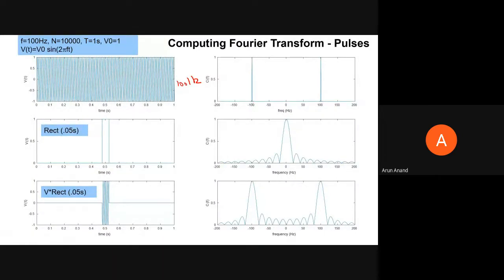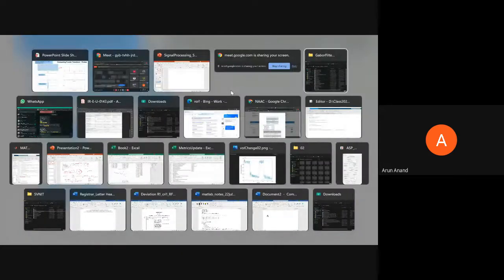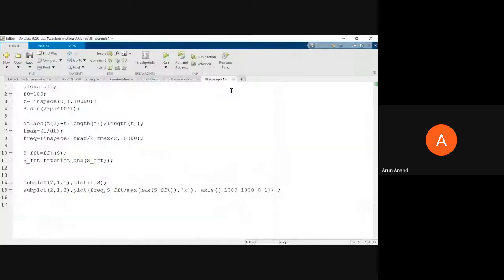This is what you are expecting. So for example, this is a sinusoidal signal at 100 hertz. This is what you expect. Before that, let me just try to run some codes for you.